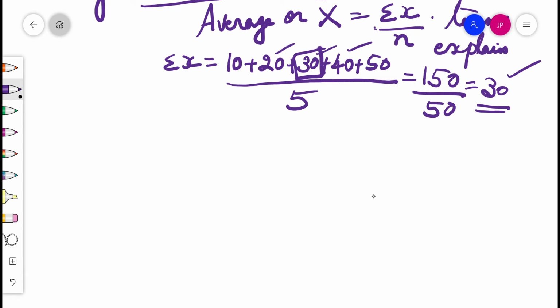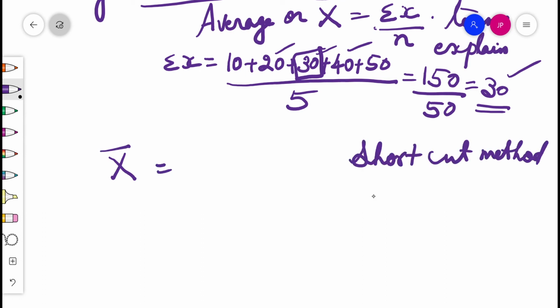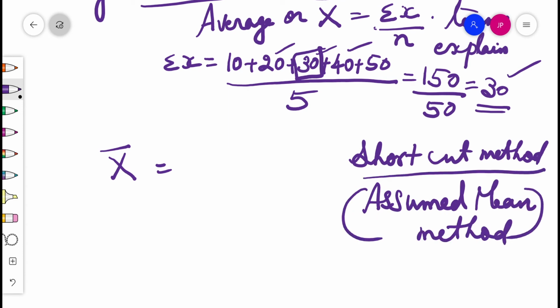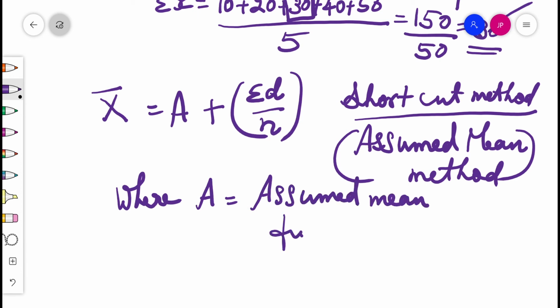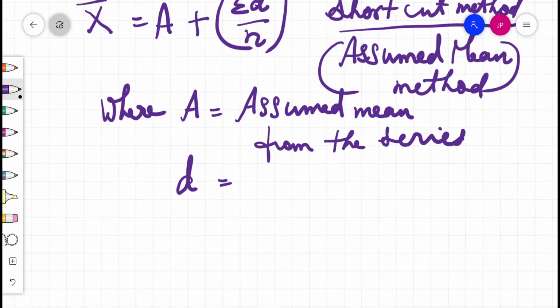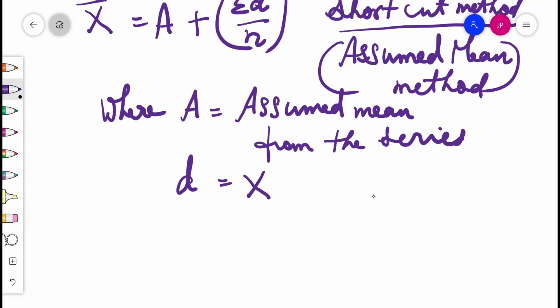If the numbers are very big, there is a shortcut method, which I call the assumed mean method. x bar equals A plus sigma d by n, where A is the assumed mean from the series, d is equal to the given item x minus A, that is the assumed mean, and n is the number of observations.